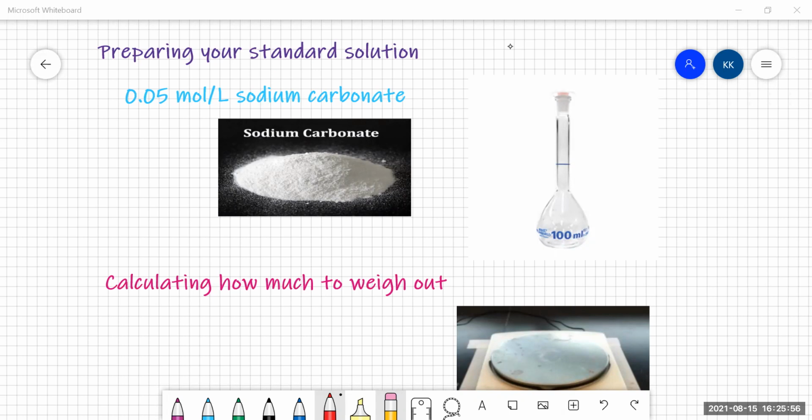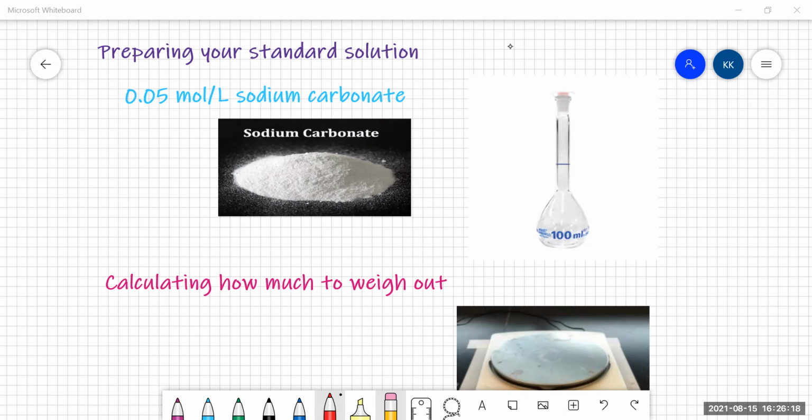And that's because when we write the equation for the reaction, we see that there's a 2-to-1 mole ratio between the hydrochloric acid and the sodium carbonate. So keeping the concentration of the sodium carbonate around about half that of the acid is going to lead us to have a titer that's approximately equal to the aliquot, which is what you measure out with the pipette.